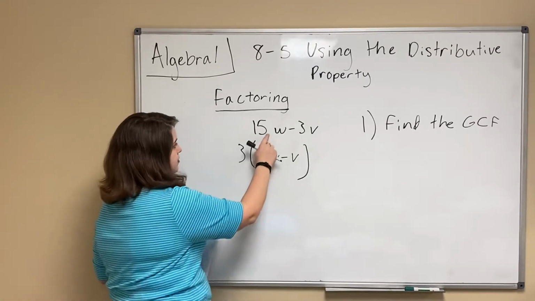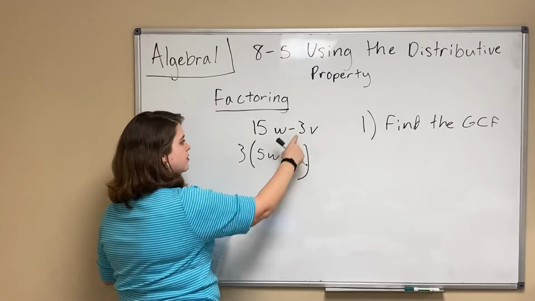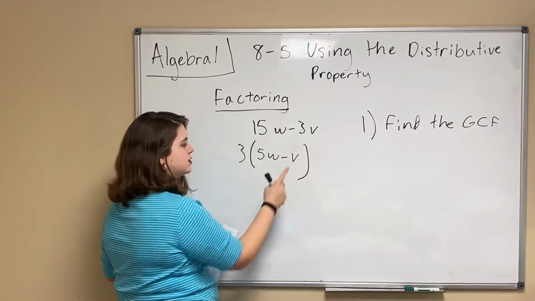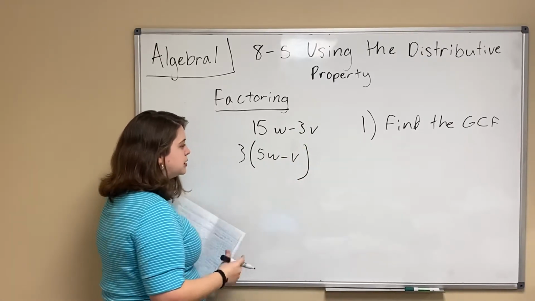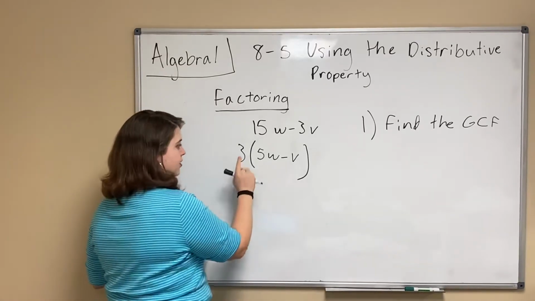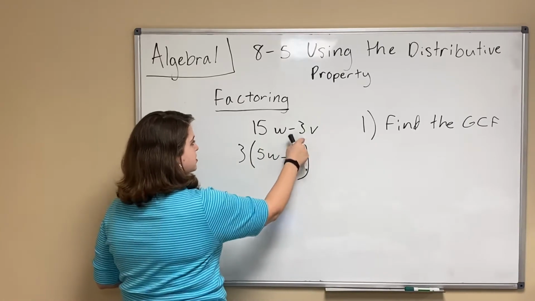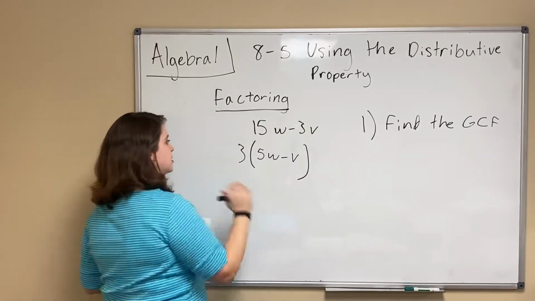Right? Because when I take 3 out of 15, I have 5 left over. When I take 3 out of 3, I just have 1 left over. Seems pretty simple. If you had a problem that looked like this, you would distribute to both. So we just took it back out, basically.